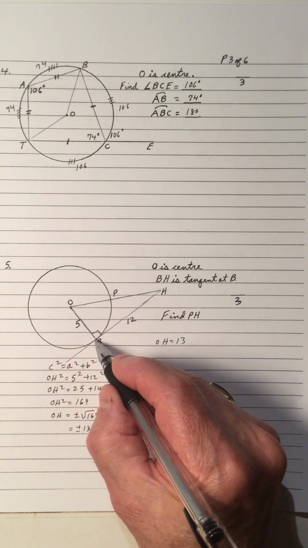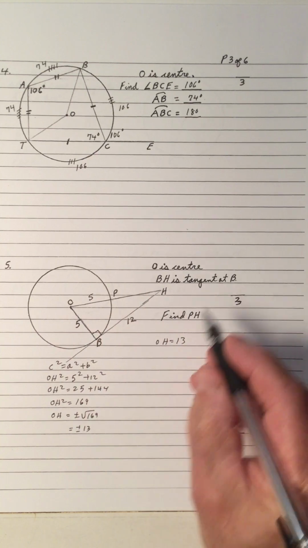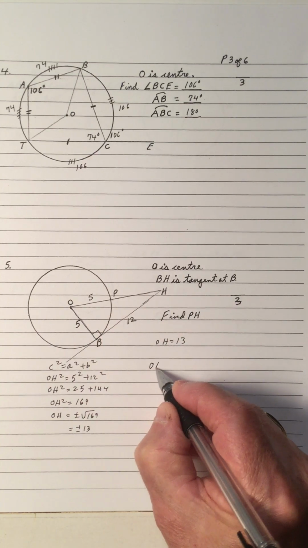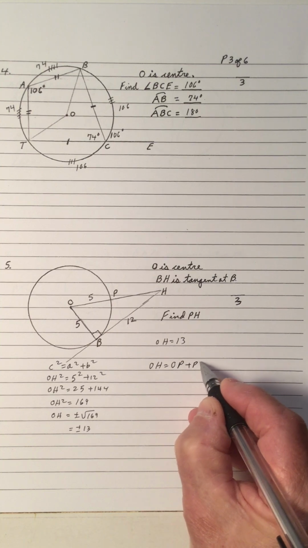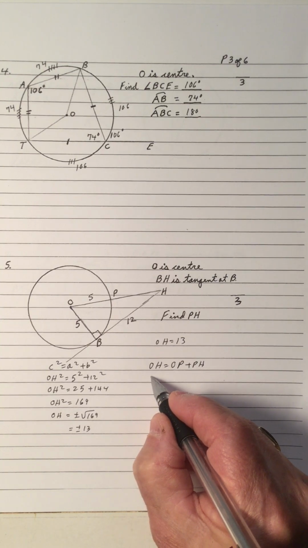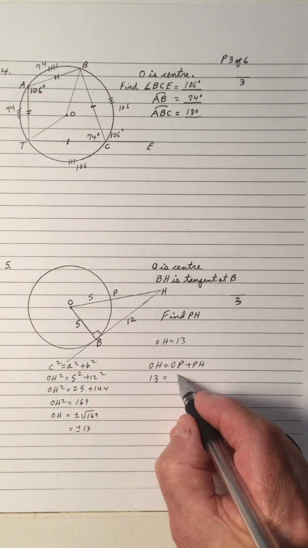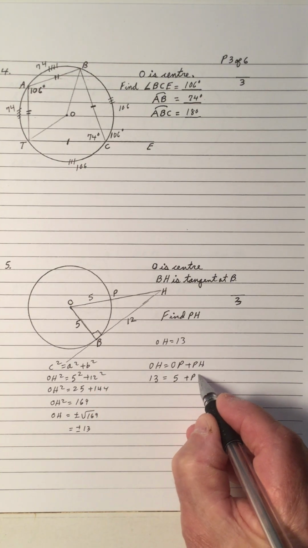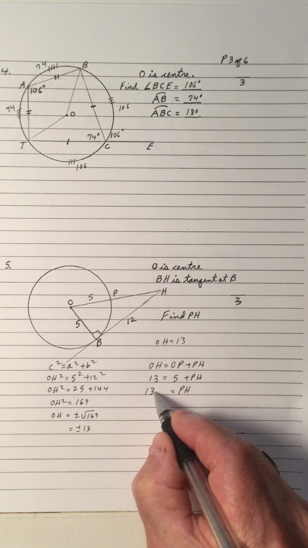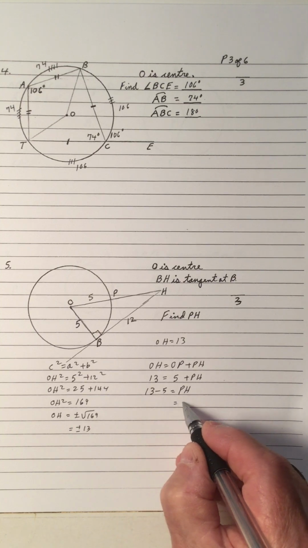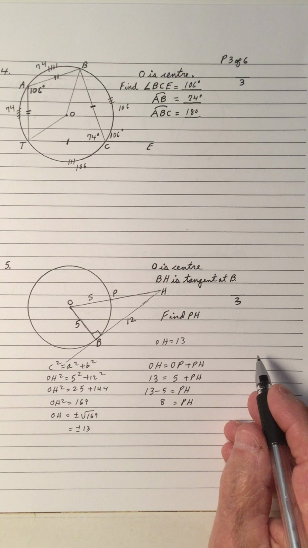Now AB is 5, that means AP is 5. So OH is equal to OP plus PH. OH is 13, OP is 5, so PH is 13 minus 5. That means PH is equal to 8.